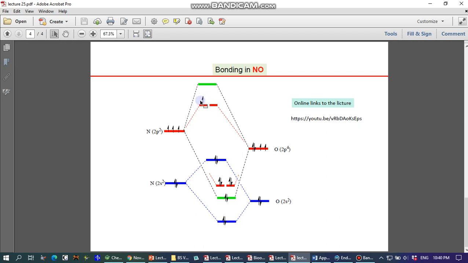So this is the first electron which will participate in bonding first, followed by this pair of electrons. So these three electrons are the most sensitive electrons in the molecule of nitrosyl.